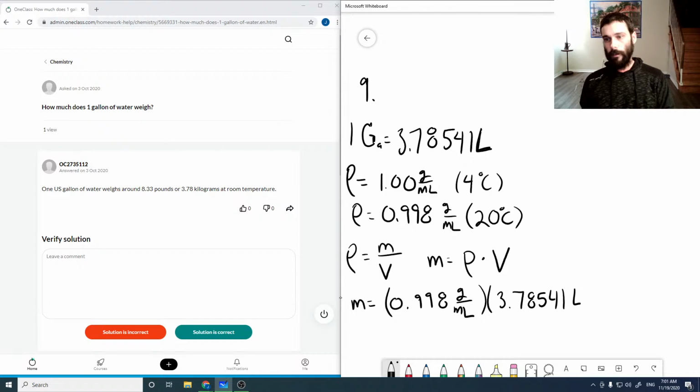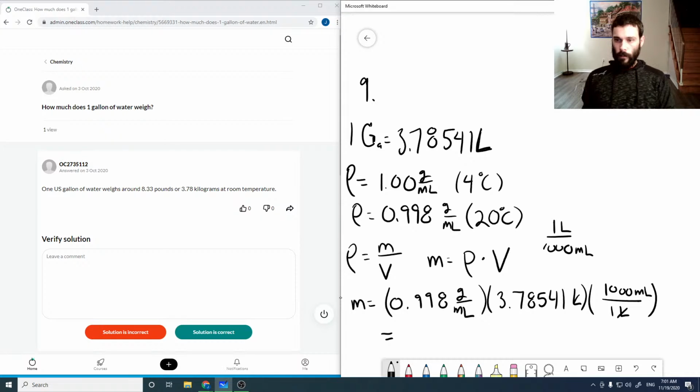3.78541 liters. And then using the conversion factor for liters to mils, which is 1 liter over 1,000 mils. But the other direction, so we need 1,000 mils over 1 liter, as we need the liters to cancel.